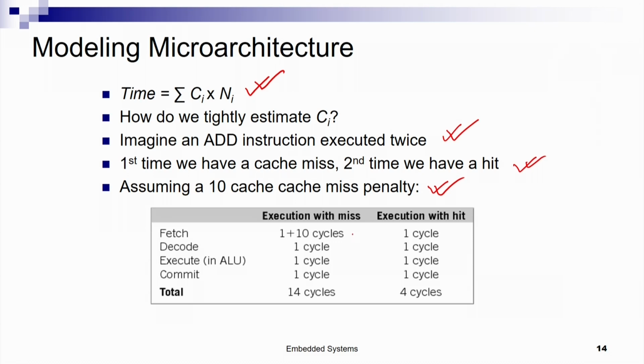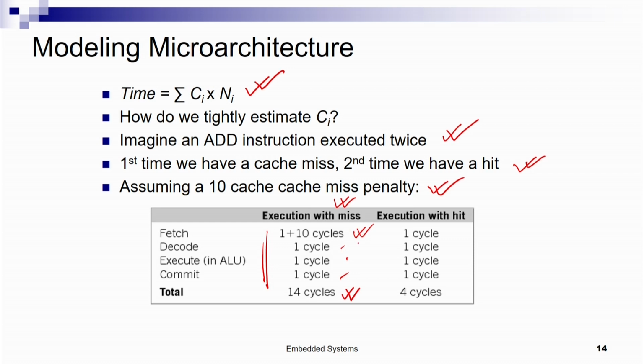Now, for the fetch you need 1 cycle, then decode, execute and commit. If you have such a set of pipeline stages, then for the case in which there is a cache miss for the add instruction, the total time taken will be 14 cycles: 1 plus 10 cycles for the cache miss, so 11 cycles for fetching the instruction.